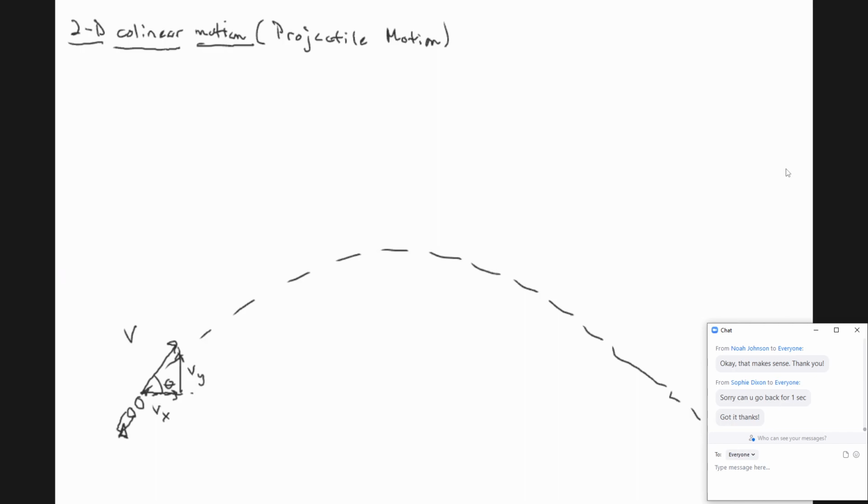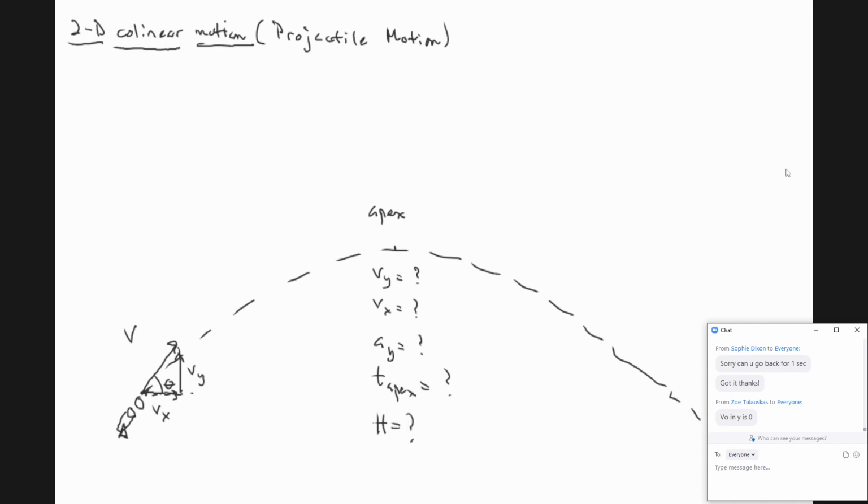At the top, which is commonly referred to as the apex, I want you to find me the velocity in the y direction at the top, the velocity in the x direction at the top, the acceleration in the y direction at the top, the time to reach the apex, and the height at the top.